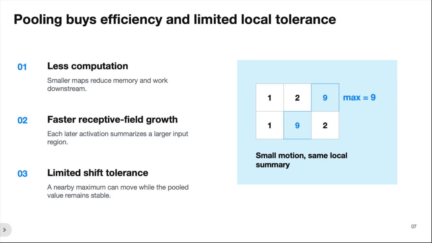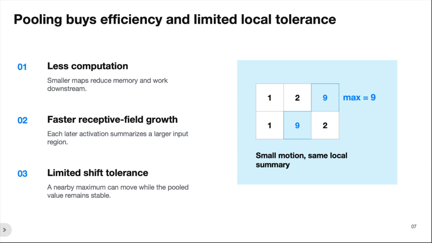Why is it useful? First, smaller feature maps reduce memory and computation in all later layers. Second, later units cover a larger portion of the original image, so the effective receptive field grows faster.